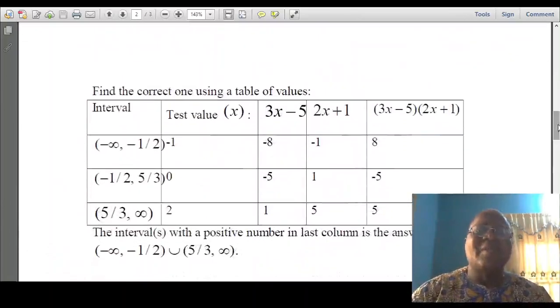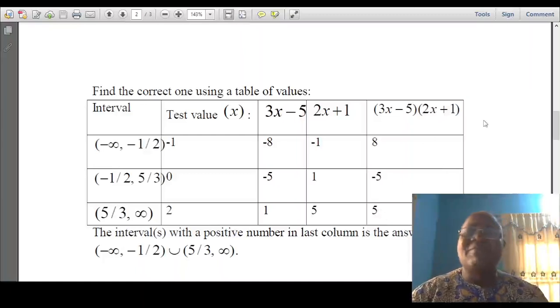We have to form a table again, just as we did before, and then choose your test values as minus 1, 0, and 2. Try to compute 3x minus 5, 2x plus 1, and try to also multiply them. In this case, we are looking for positive values of this product, 3x minus 5 into 2x plus 1.